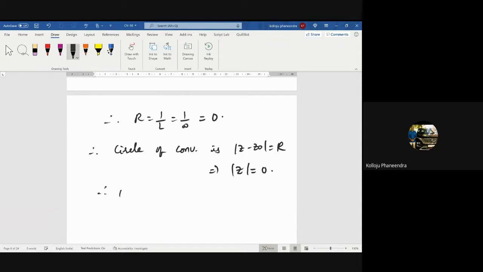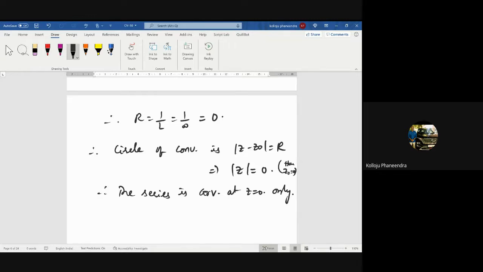Therefore, the series is convergent. What is the Z naught value? Here, Z naught value 0. You can solve these problems by using the previous technique also to find the region. The series is convergent at Z equal to 0 only.